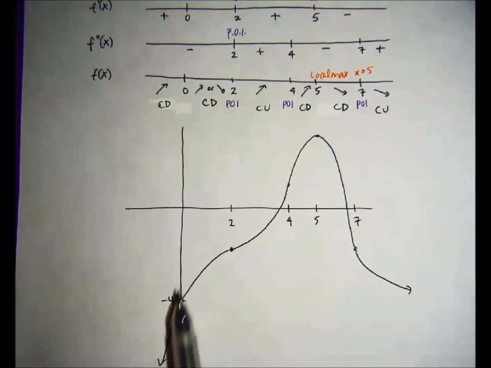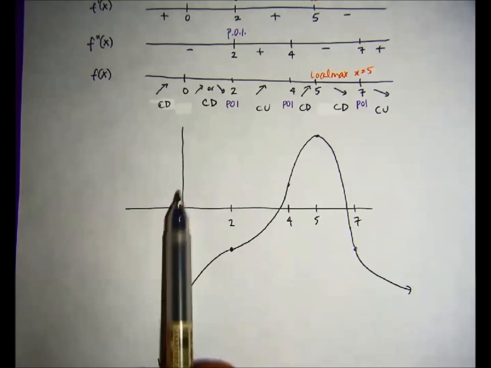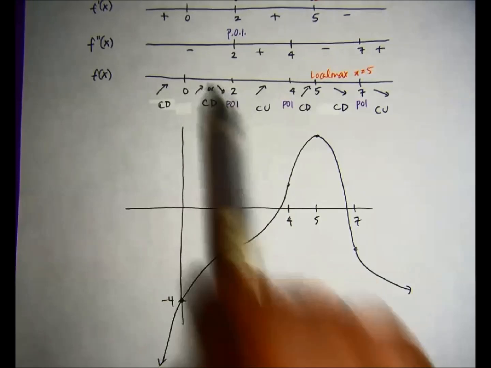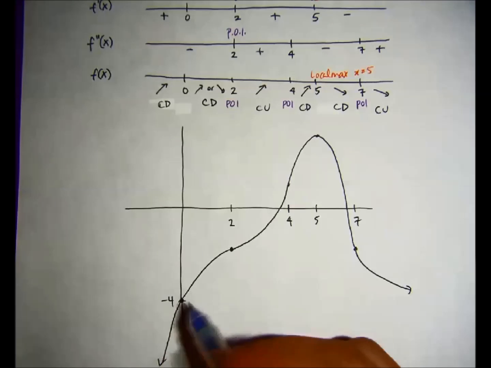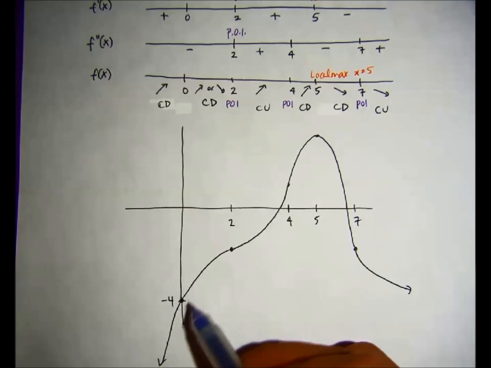I decided that my function from 0 to 2 would be increasing while it's concave down. So this is one possibility. Another possibility is that you could instead change just this part of the graph a little bit and assume that you have a local maximum at 0, -4.